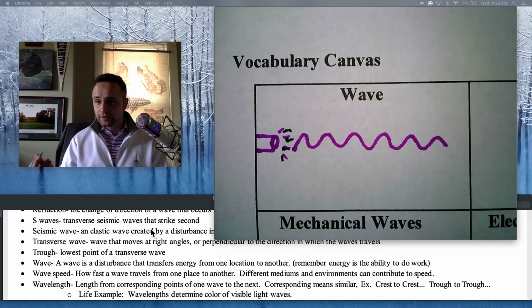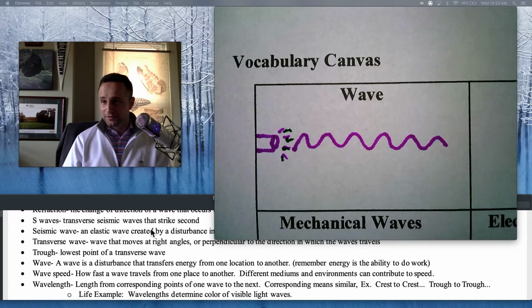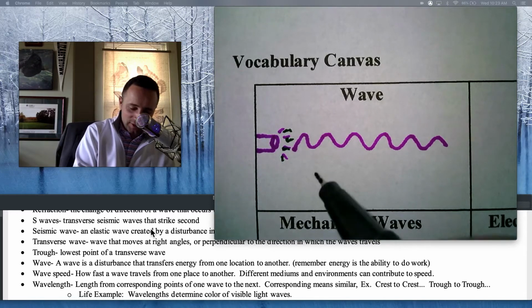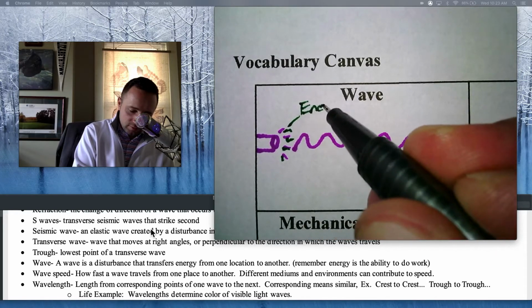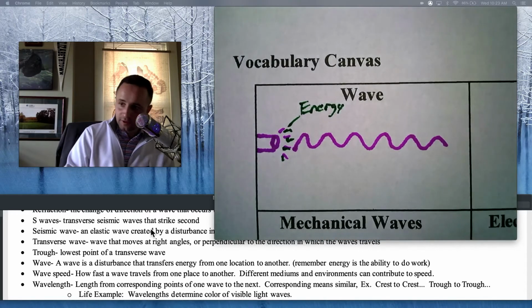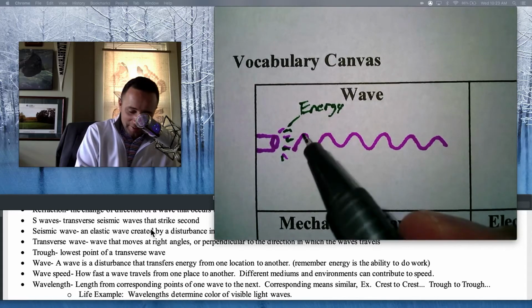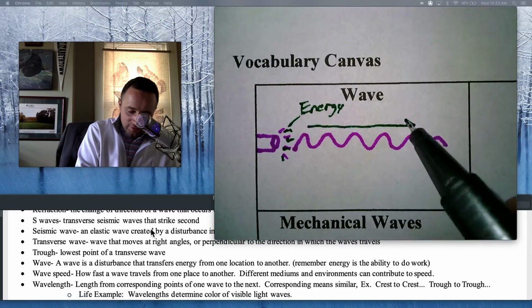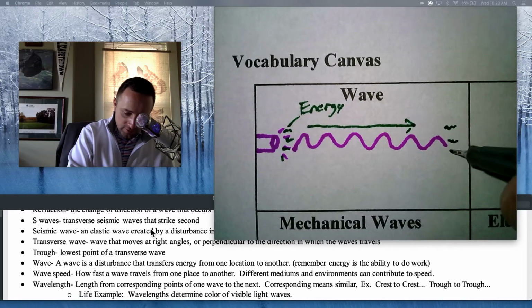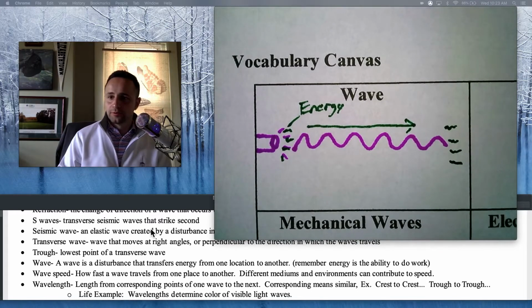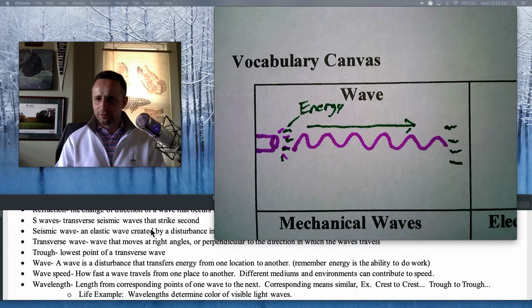So this wave carries energy from one spot to another. So we got those 4 little squigglies of energy, and energy is carried by the wave over to here. Hopefully that explains a wave for you.